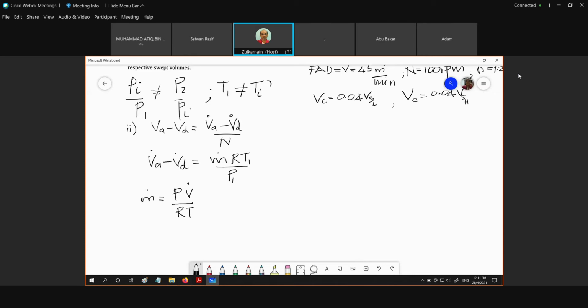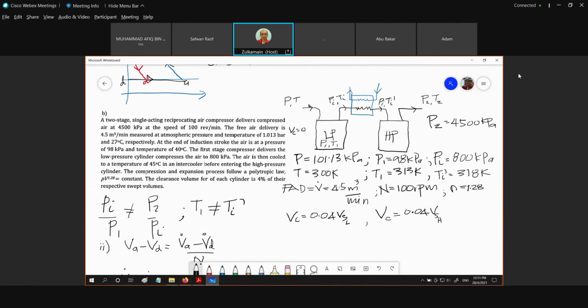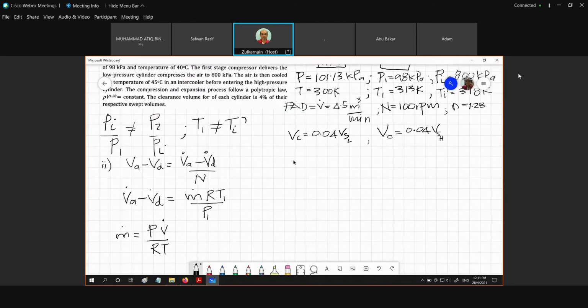We are given the V dot as 4.5. We are given the P 1.013, and the T is at our condition of free air delivery. So this is our free air delivery condition. Okay, everything is there. The P, the T, also the free air delivery.